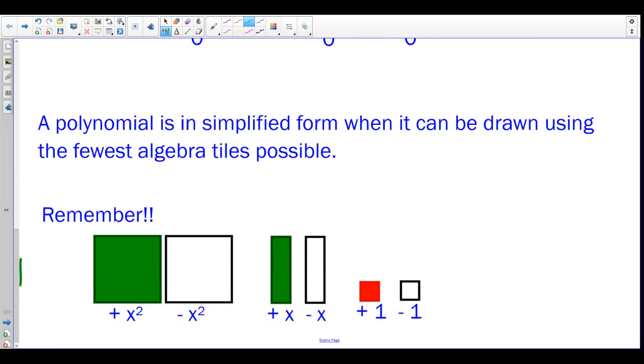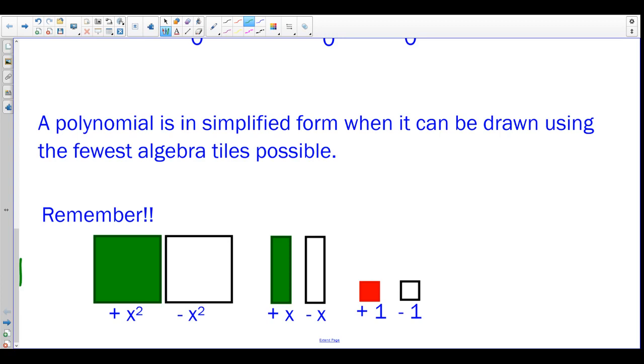When we talked about fractions before, we talked about putting things in simplest form. A polynomial is in simplified form when it can be drawn using the fewest number of algebra tiles possible.